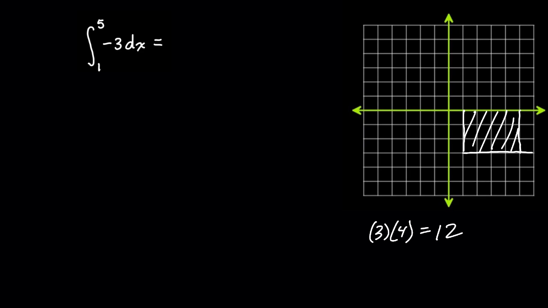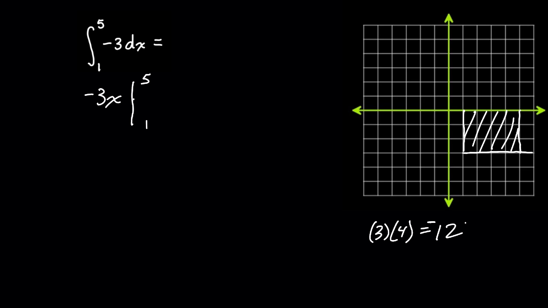All right, so doing this using our calculus, the antiderivative of -3 is -3x, evaluated between 1 and 5. So we substitute, oh, by the way, this was a negative area here because this is below the x-axis. You can also think of this as having a height of -3.